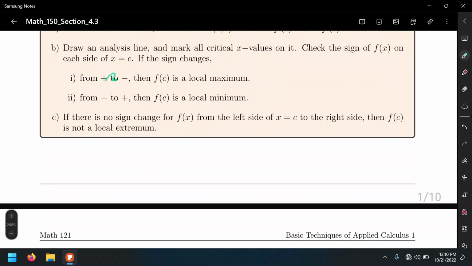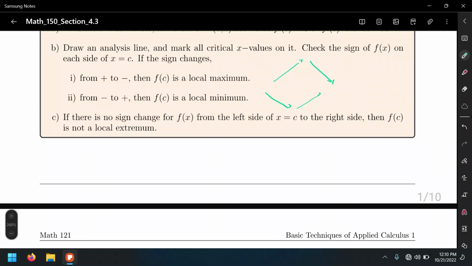If the derivative goes from plus to minus, I mean it goes from increasing to decreasing, the behavior is going to tell us that we have a maximum point. But otherwise, if it goes from negative to positive, essentially this is describing a minimum point, right? If for some reason there is no sign change on either side, then that critical value is not going to describe a local extremum.